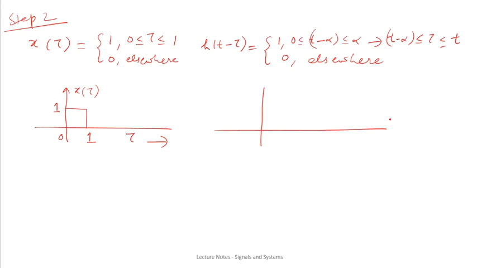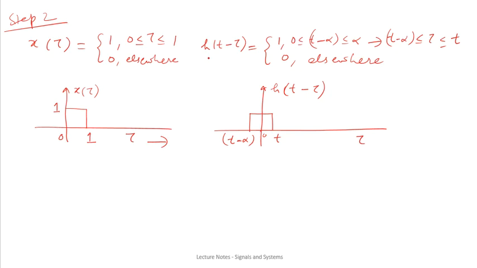And you can draw h(t minus tau) in this way, that will be t minus alpha up to this point t. This is your origin.